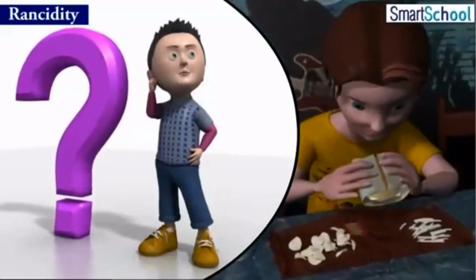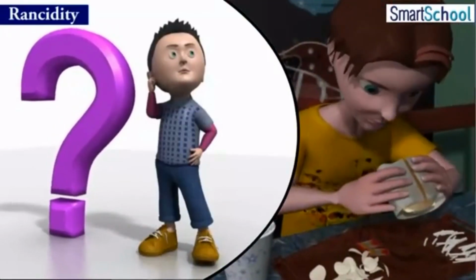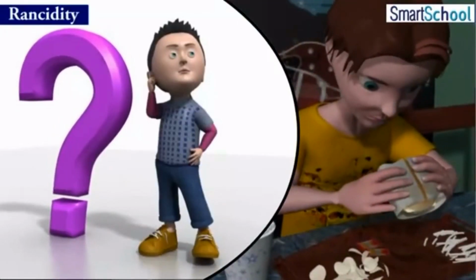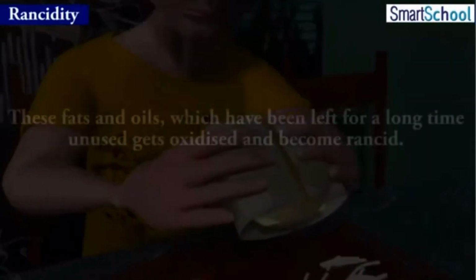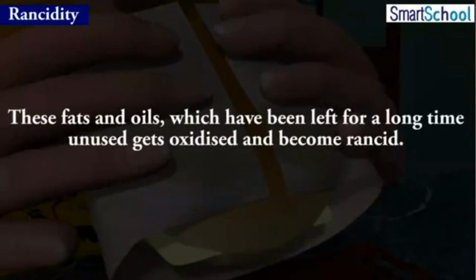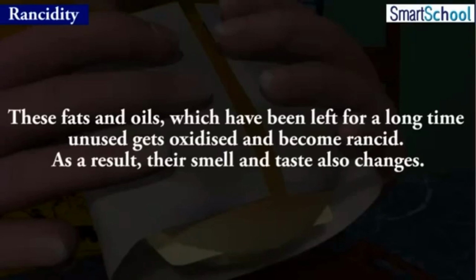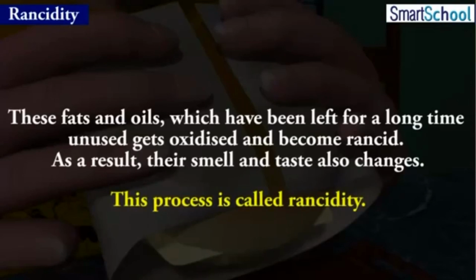Have you ever tasted or smelled fat or oil containing food materials which have been left for a long time unused? These fats and oils get oxidized and become rancid. As a result, their smell and taste also change. This process is called rancidity.